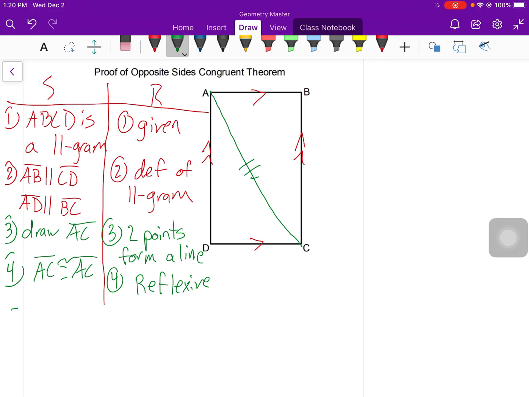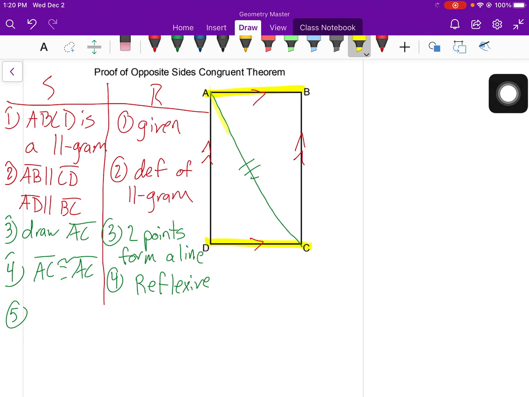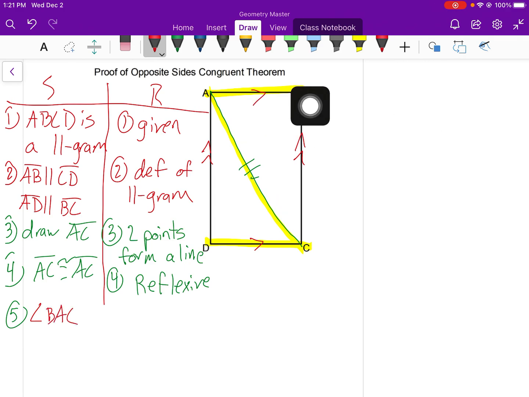Now I can say angle, or number 5, I want to say something about these angles that are just formed. But I have parallel lines cut by a transversal. That's what we just made happen. So step 5, I'm going to say that angle BAC, I can't just say angle A because I could be this angle or that angle or the original full angle.